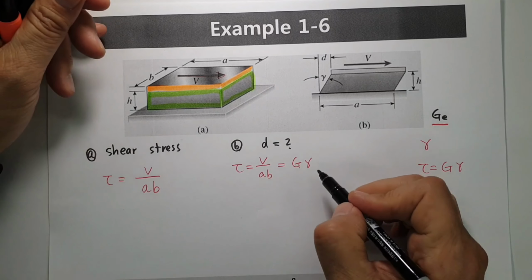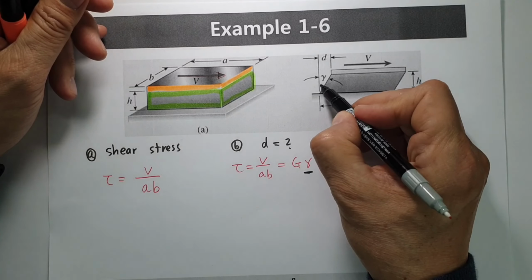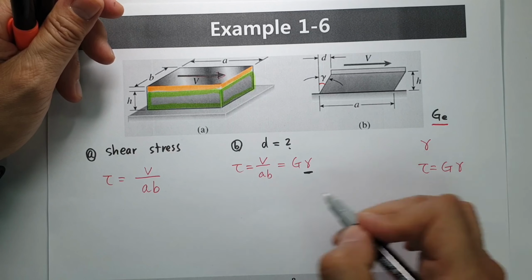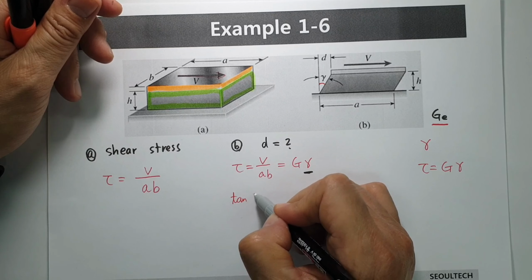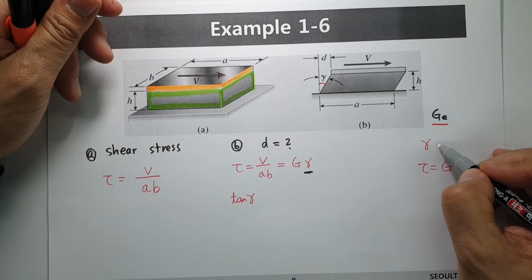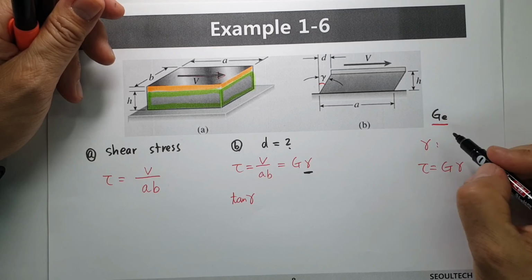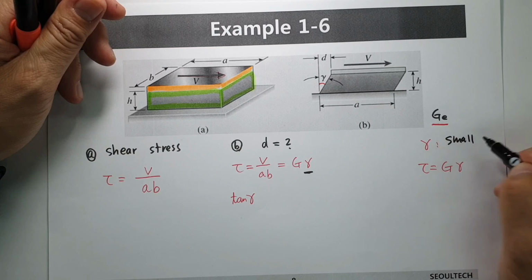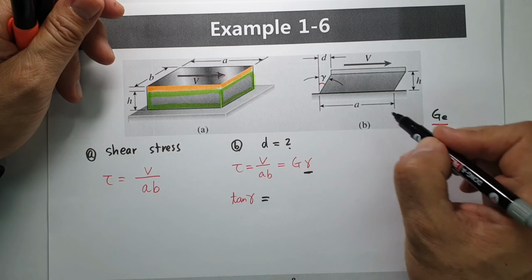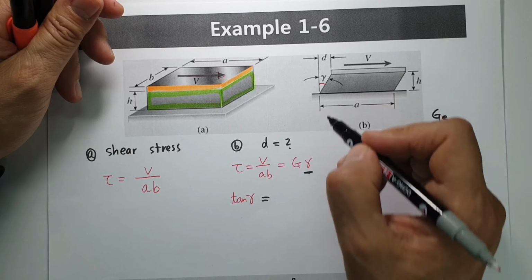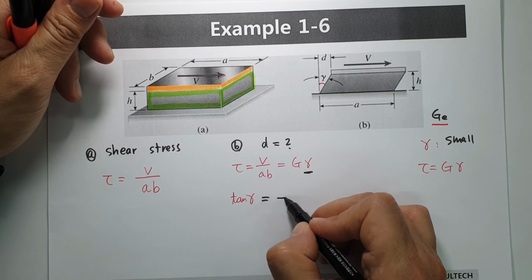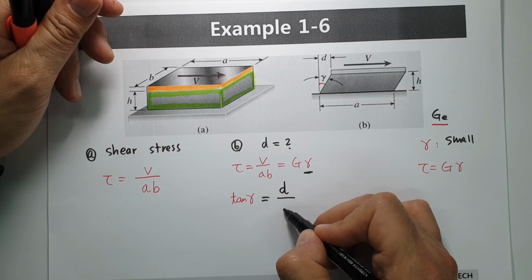Okay, now let's focus on the gamma value. Gamma is this value, and we can calculate tangent gamma. If it is a very small value, you can say infinitesimal. Tangent gamma equals d over h.